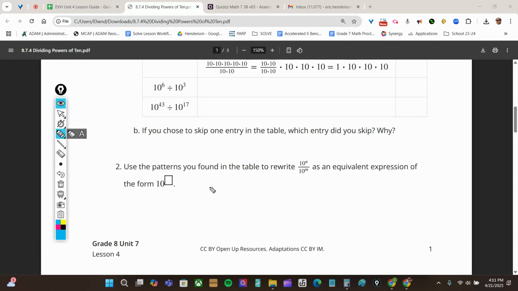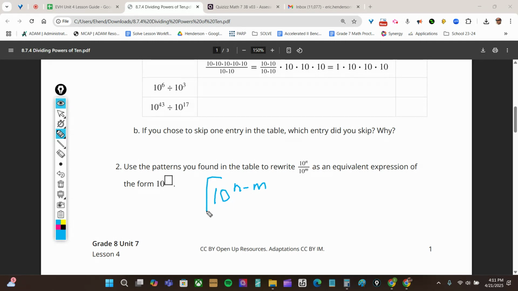Okay, so this one, I'm going to give you a minute to take a look at that. This is from our notes, 10 to the n minus m.